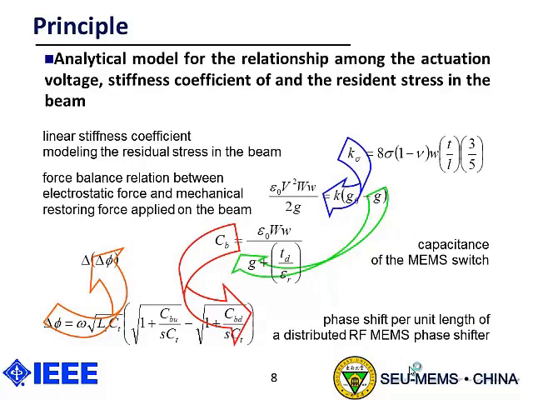That is, the gap height of the beam will remain larger. So the switch capacitance will decrease. Finally, the deviation of the phase shift will be produced.